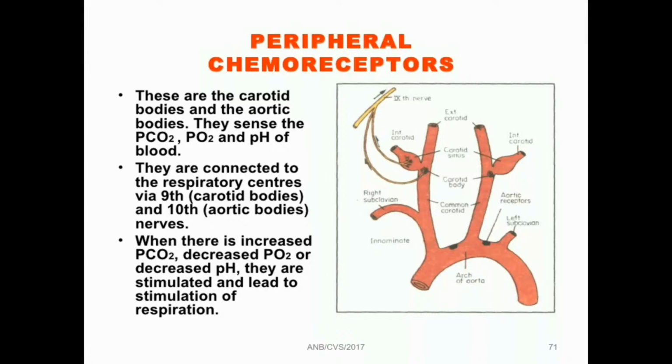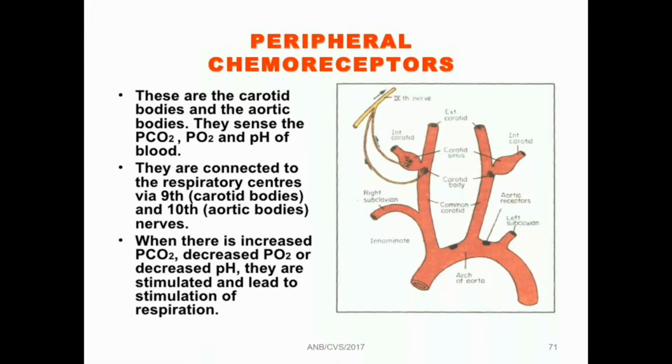When there is an increased partial pressure of carbon dioxide, what we call hypercapnia, decreased partial pressure of oxygen, or decreased pH, they are stimulated and lead to stimulation of respiration. At the same time, remember that these chemoreceptors function in a dual manner.